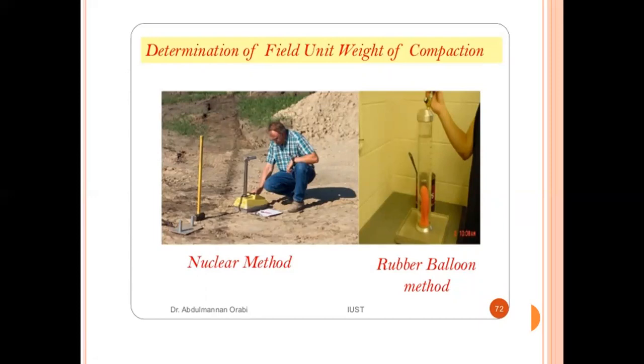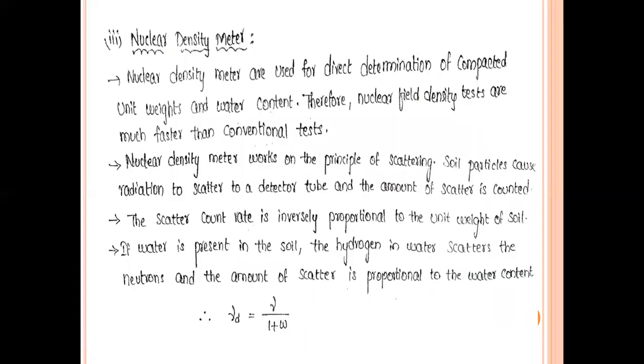Next one is the unit weight determination in the third method, the nuclear method. So this is the nuclear method. Nuclear density meters are used for direct determination of compacted unit weights and water content.